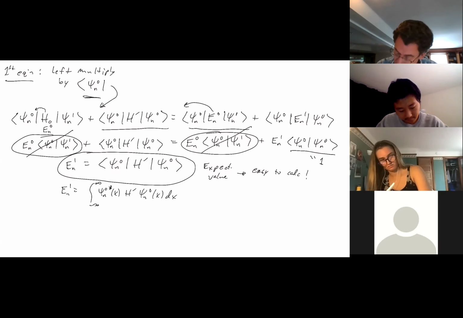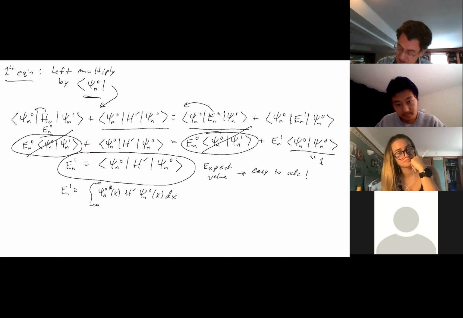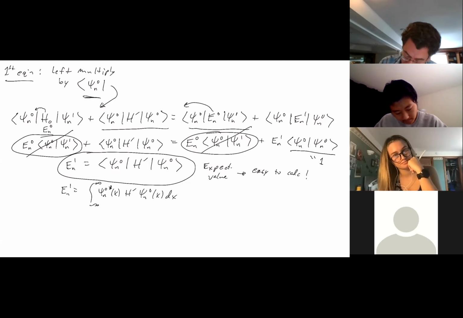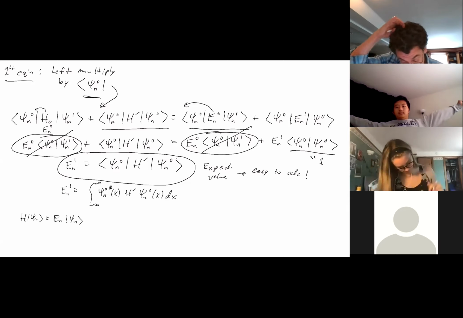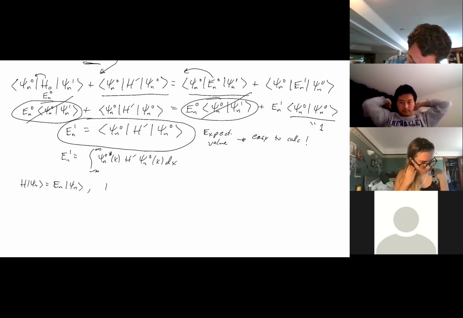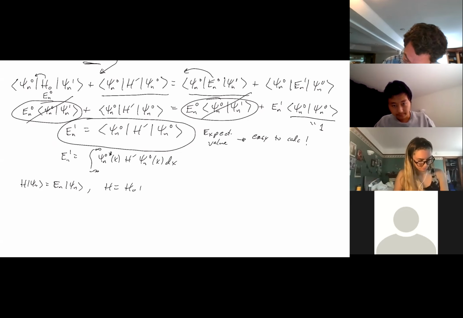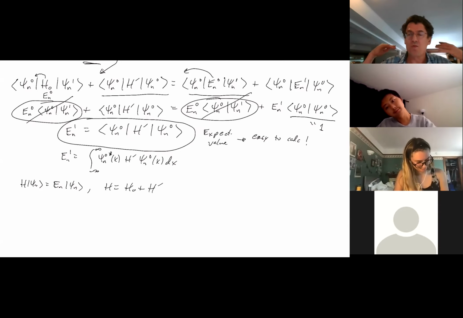And so look what I've done. This is an amazing result, because basically I've just shown you that we've just solved H psi_n equals E_n psi_n, and I've just calculated E_n, the eigenstates, if H is equal to H_0 plus H', some Hamiltonian that I have no idea how to solve. It's way too hard.